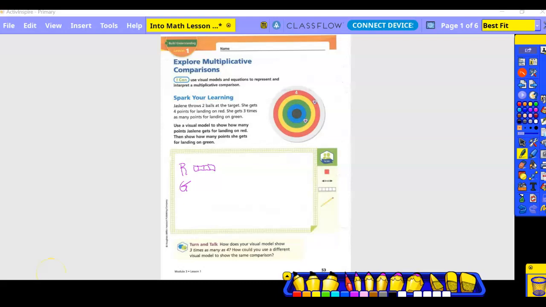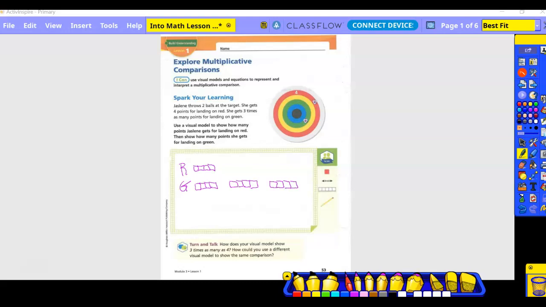So it says on a green, you get how many times as many? 3 times as many. So for one set, you have 4, right? But how many sets do we need to have for the green then? 3, because we just said 3 times as many. So we need to do 3 sets of 4.